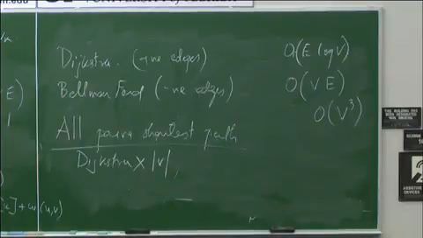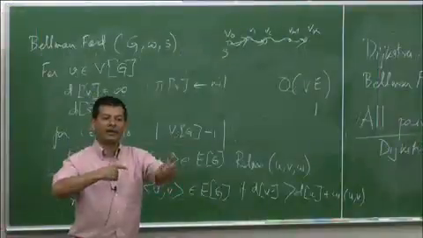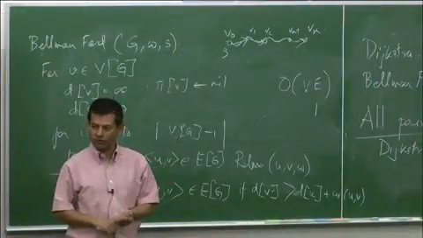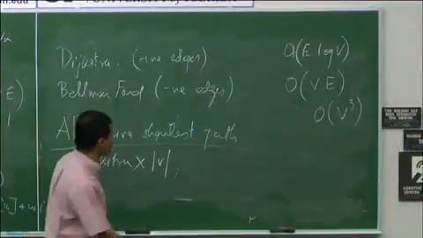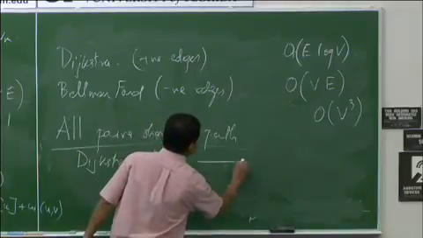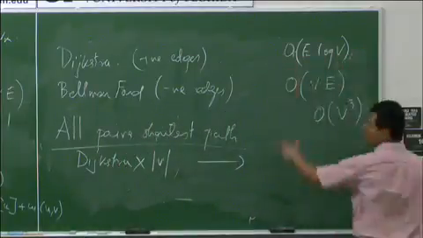You repeatedly do Dijkstra from every node, you will get a shortest path from that. So, for every pair of nodes, you are going to solve your shortest path problem. What you will have then is that multiplied by V.